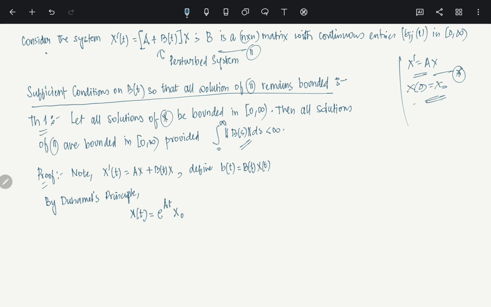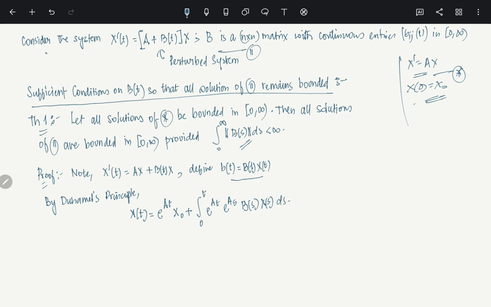So x of t equals e to the power At times x naught, the solution of the homogeneous problem, plus, you remember the next part, the integral from 0 to t of e to the power A(t minus s) times b(s) ds, this term, x of s ds. Yeah, I can write it like this.